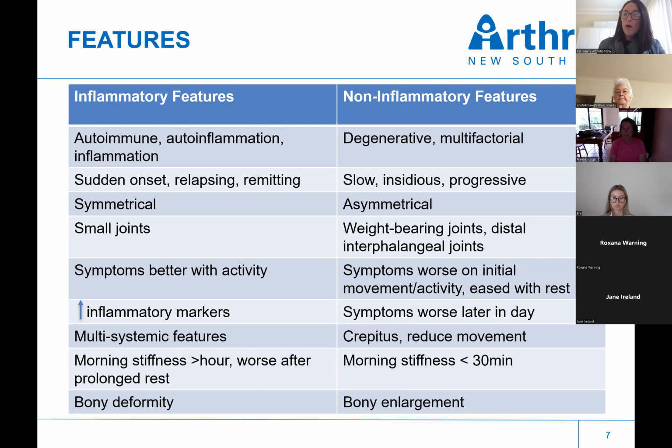So often it's just the one left knee or the one right hip. Not saying that's a blanket statement, but certainly I'm just generalizing here. They're often weight-bearing joints, as compared to the inflammatory features, and distal interphalangeal joints. So the very tips of the fingers here, for example.